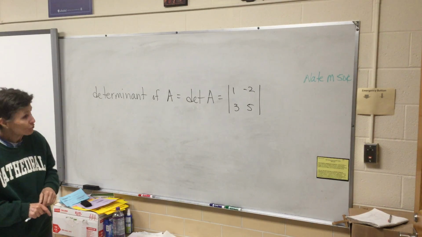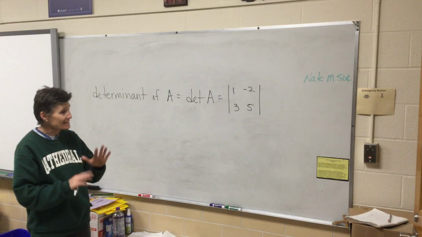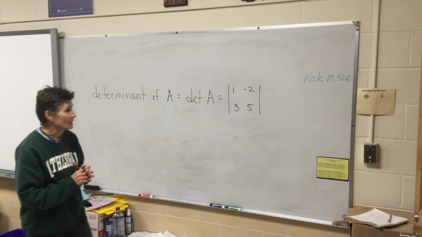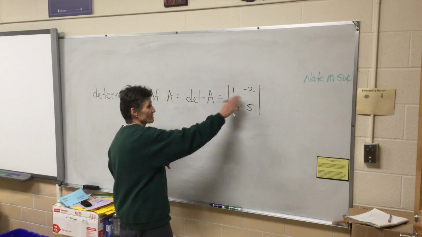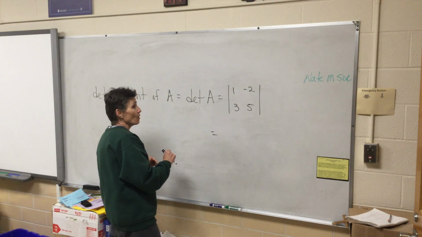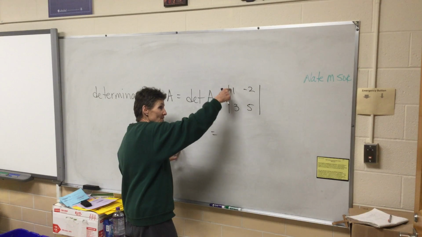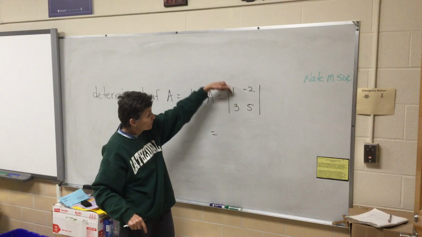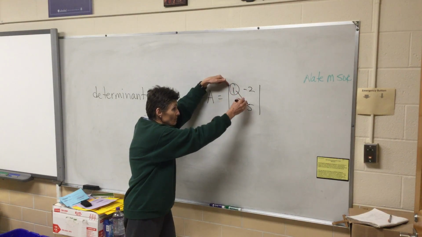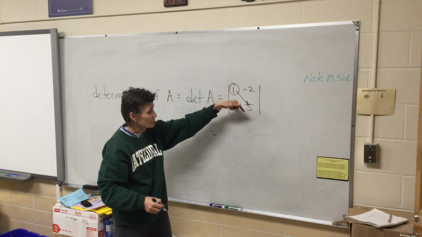Now, the determinant of a matrix is a single number. To find that number for a 2 by 2, like this one, we multiply these together. Look where I'm pointing. We always start here. We multiply these together, so we get 5.